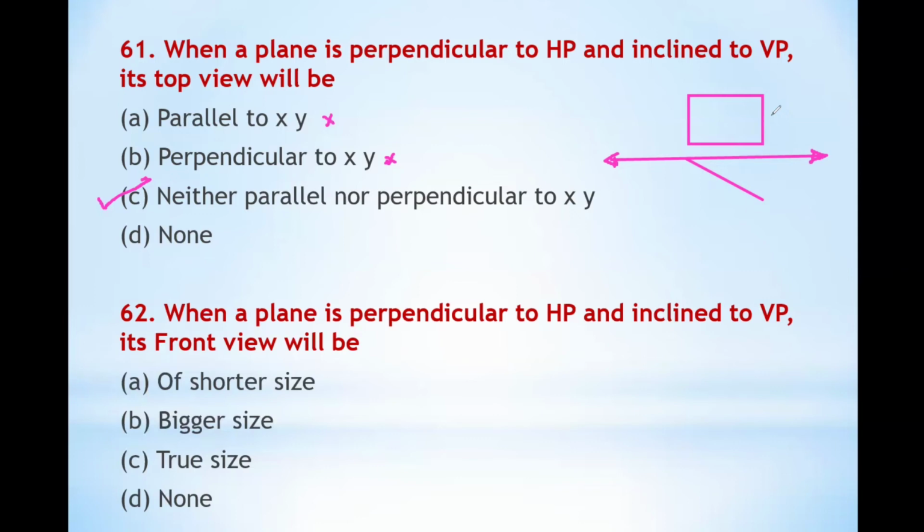Okay, so let us check out the options. So front view will be of shorter size, it's correct. Okay, bigger size not possible. So true shape, it will not be true shape, so it's not correct. So here our option A will be correct. Okay. So we'll see to the next one.